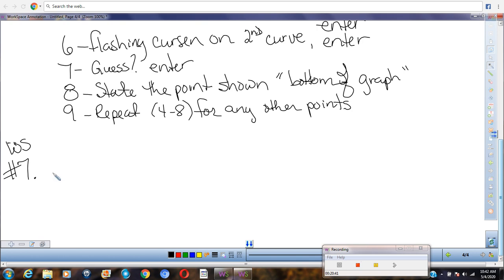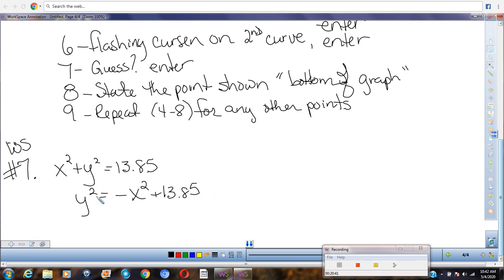On number 7, the first equation is x squared plus y squared equals 13.85. Well, what is this? That's a circle, right? Well, we need to get the y by itself. So we're going to subtract x squared to the other side. So y squared equals negative x squared plus 13.85. Or you can put the 13.85 first minus x squared.